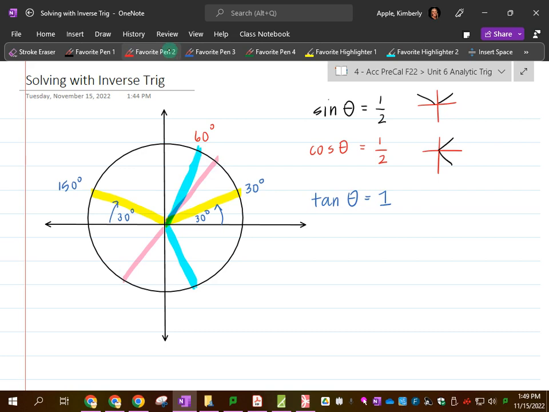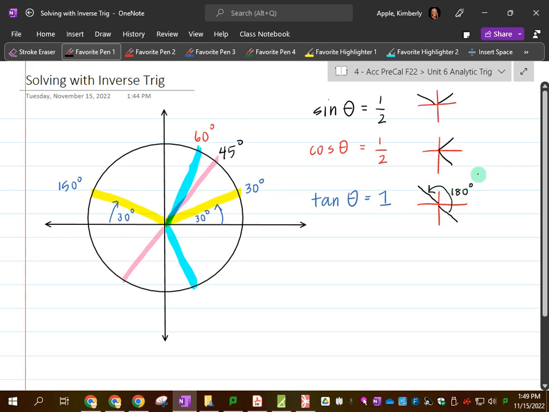If you're looking at your unit circle, these values occur in a straight line. So this is symmetric about the axis. The pattern for tangent is that if you have a tangent value down here, it's going to be up there for your second. How far away are these two angle measurements? 180 degrees every time.